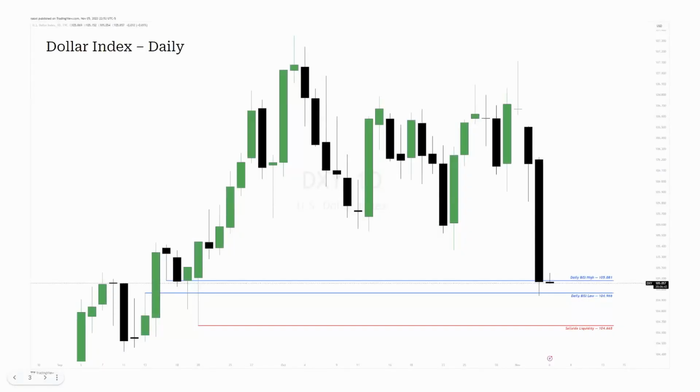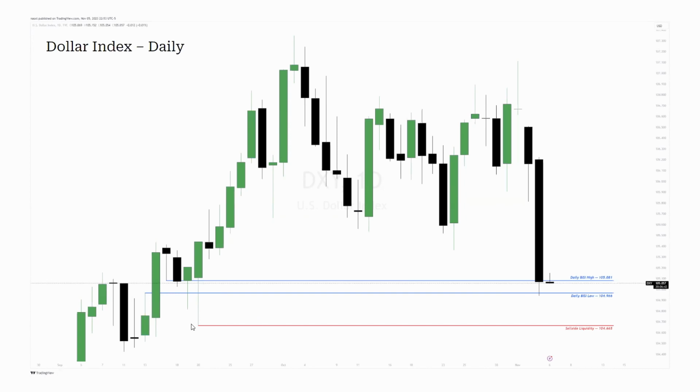All right, so the dollar index on a daily chart, not too different from last week's Friday recap video. We did trade into this daily bullish order block level here. I sort of removed it because we did talk about it before, and I think this imbalance here is more salient to the weekly analysis.